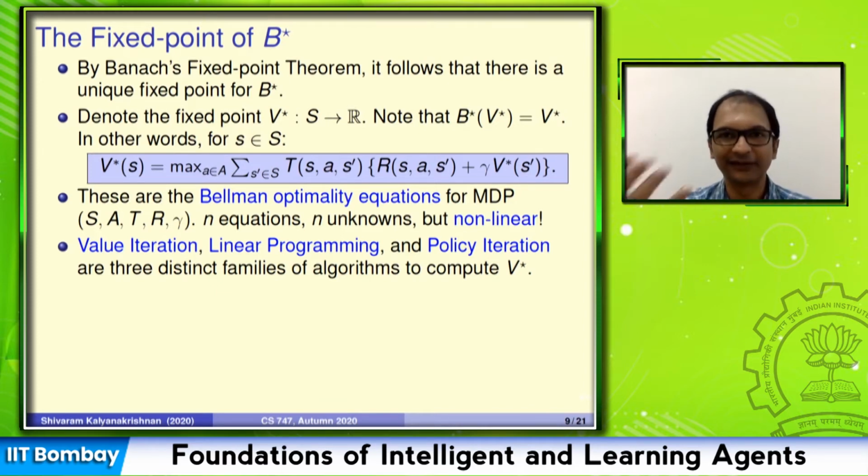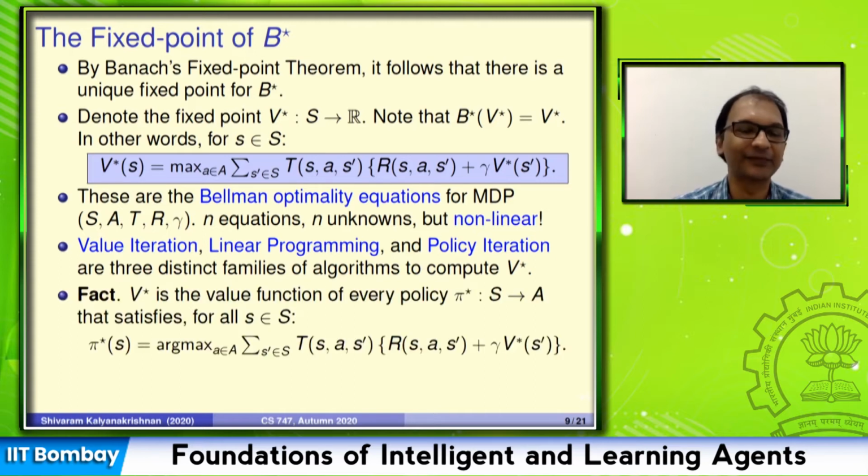But why are we interested in calculating V star? I've not told you yet. Well, it's not incidental that we're calling this V star. It turns out that V star, which is the unique fixed point of B star, is indeed the value function of any optimal policy for our MDP.